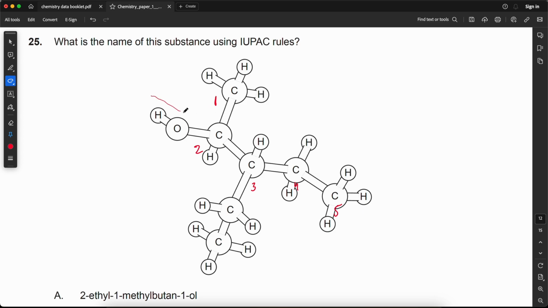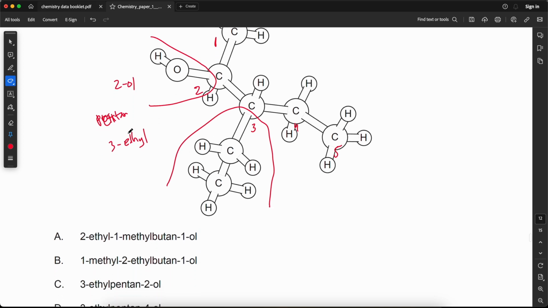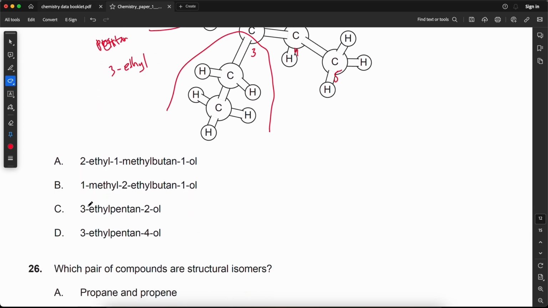Because we have OH. OH should be on the lowest C number, and we have ethyl right here, and it's 5 C, so 2 ol, 3 ethyl, and it is pentane. Okay, so the answer will be 3-ethylpentan-2-ol.